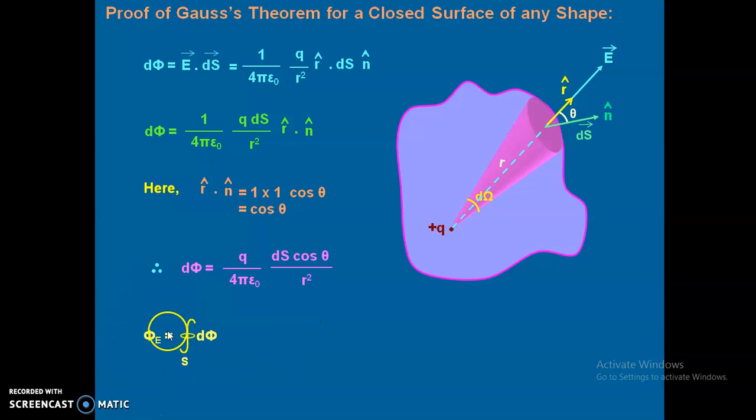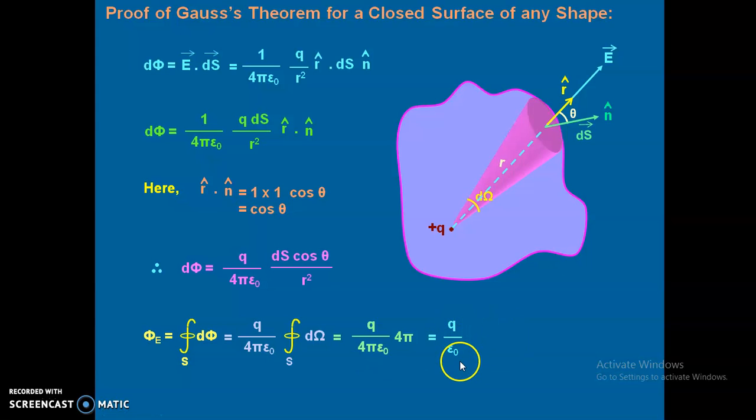So therefore the net electric flux, integration over a closed surface of dφ, is equal to q upon 4 pi epsilon naught integration of d omega. So the integration of the solid angle at this particular point, how much angle is subtended? 4 pi, we know, so therefore we can write q upon 4 pi epsilon naught into 4 pi, which will get cancelled.